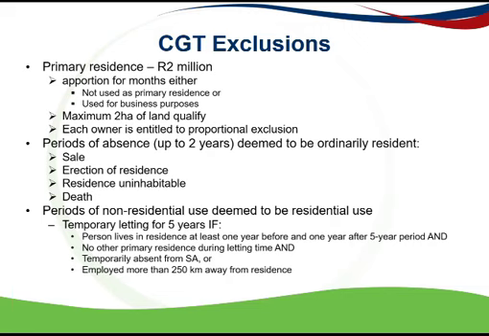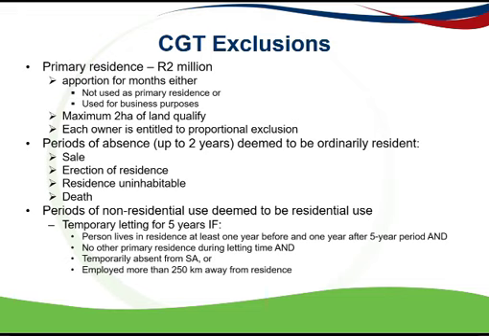So let's say the house has stood empty and no one stayed in it for 4 months. Anything up to 2 years standing empty because of a sale will just be included in the primary residence exclusion. You won't have to do any adjustment for it.